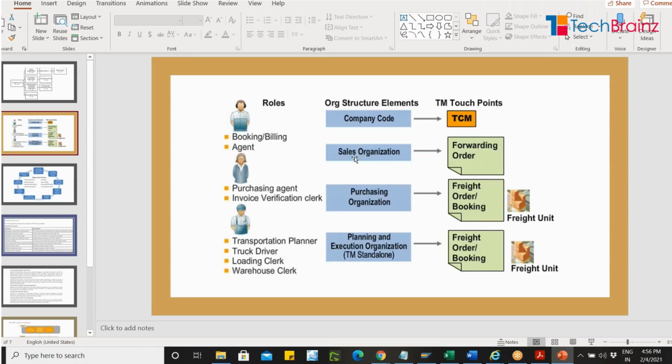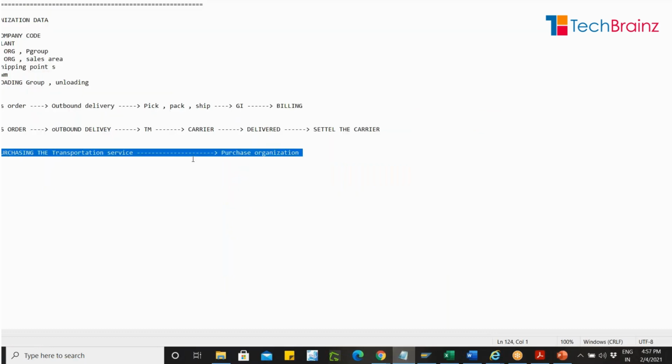Now, first talking about the purchase organizations, I'll be using them in the freight order or maybe in the freight booking, where I'm purchasing some services from certain carriers. Agreed? That is what I've mentioned here now. Clear?